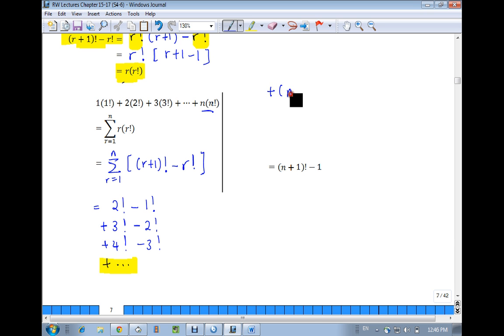Plus n minus 1 factorial minus n minus 2 factorial plus n factorial minus n minus 1 factorial plus n plus 1 factorial minus n factorial.